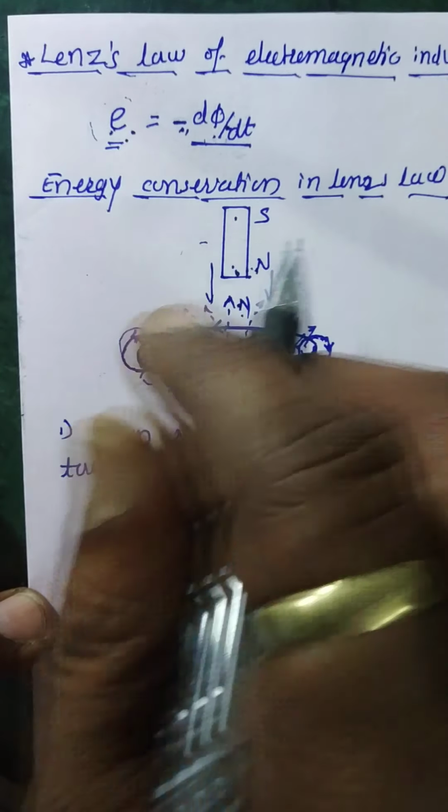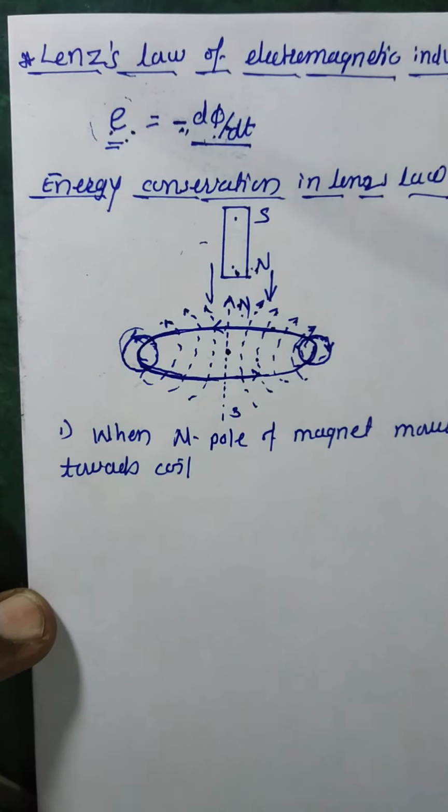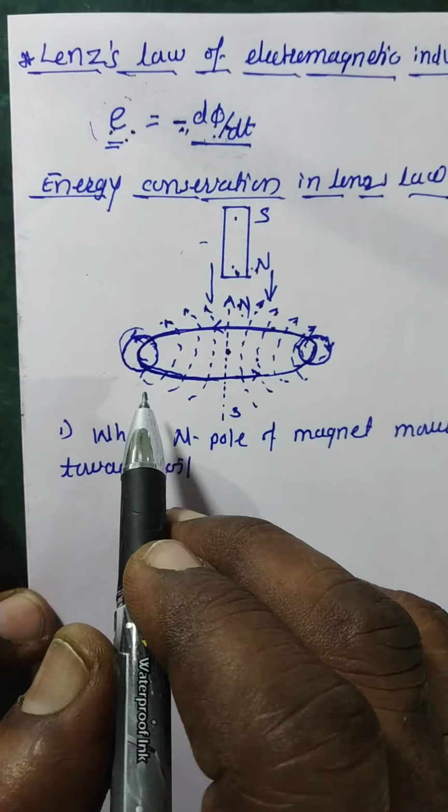This work is converted into EMF and current flows through the coil.